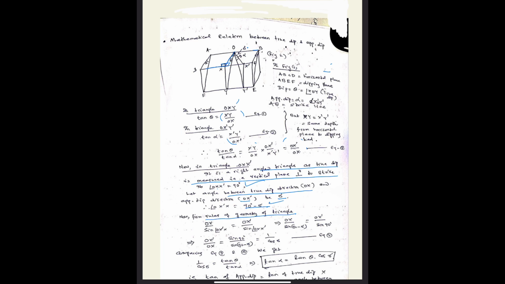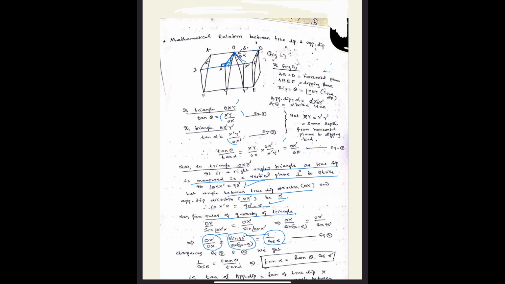Now from the rules of geometry of triangles, we have OX by sine of angle OX'X equal to OX' by sine of angle OXX'. This side by sine of this angle is equal to this side by sine of this angle. This is the formula. So OX' by OX will be sine 90 by sine of 90 minus delta, or it will be 1 by cos delta.